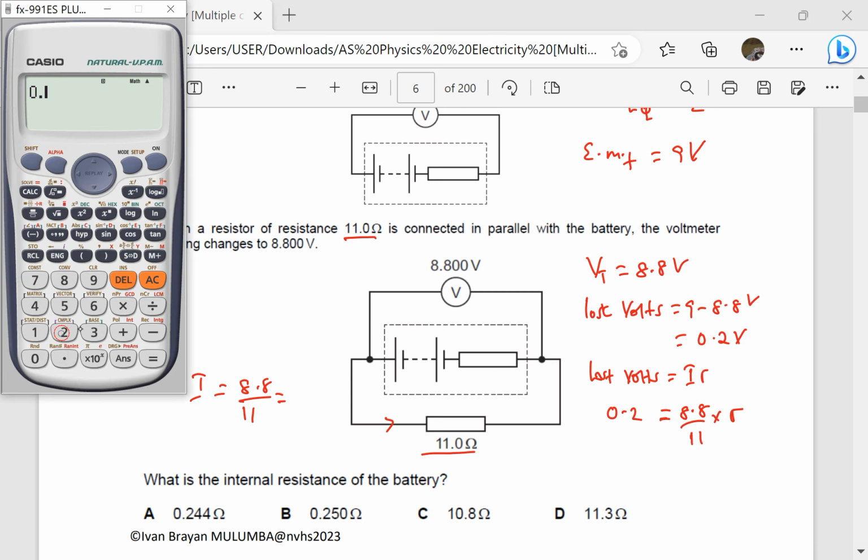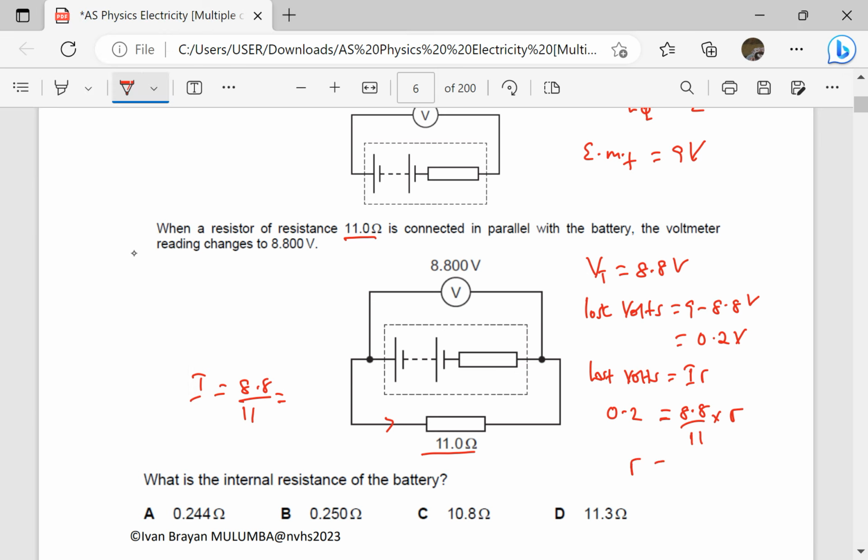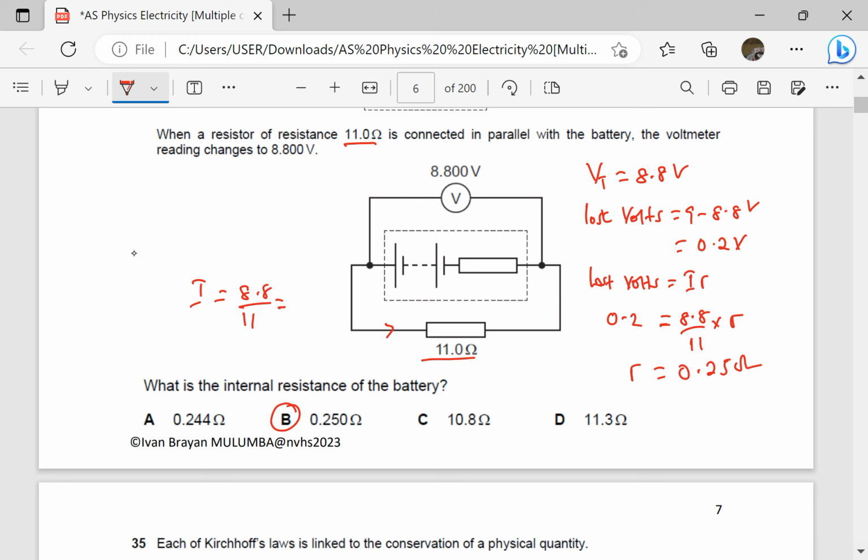So that is 0.2 times 11 divided by 8.8, which gives us 0.25. So small resistance r is 0.25 ohms, which makes our answer B.